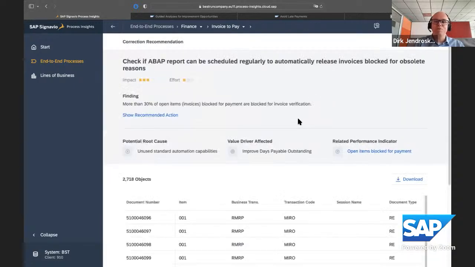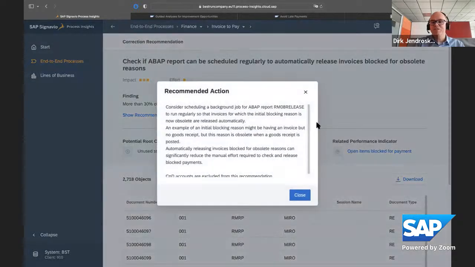Let me click on this one. You see all the documents. It's 2,718, which can be fixed. So half of our documents can be fixed by actually looking into this activity. And what do I need to do? I click on show recommendations, and it does tell me now what we need to do is scheduling a background report for ABAP, and you have the report name here.